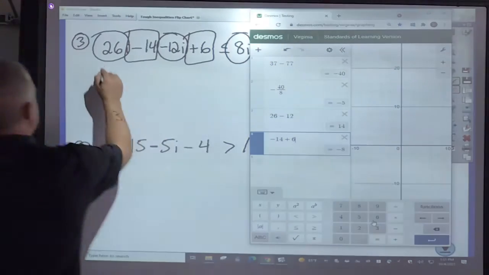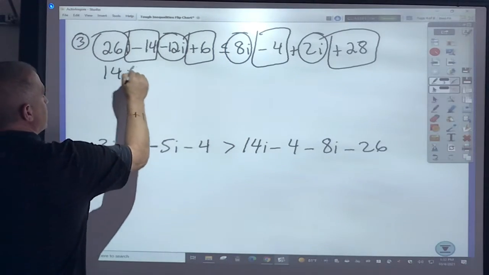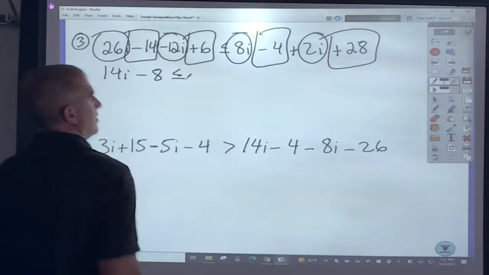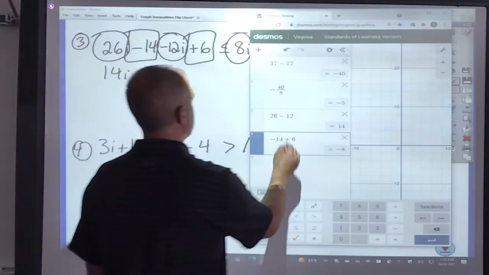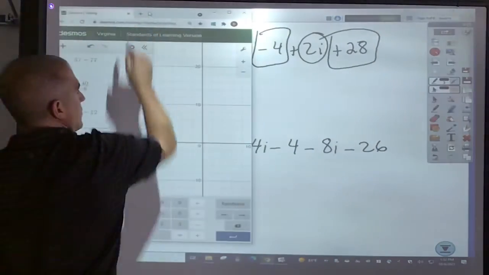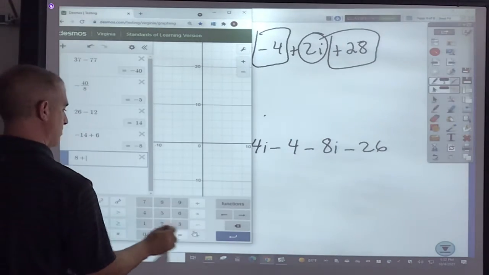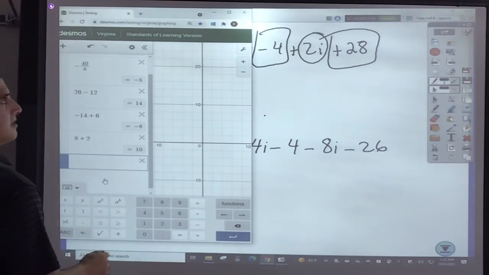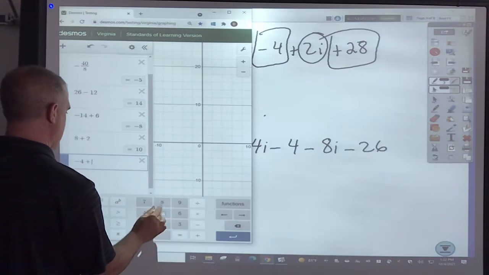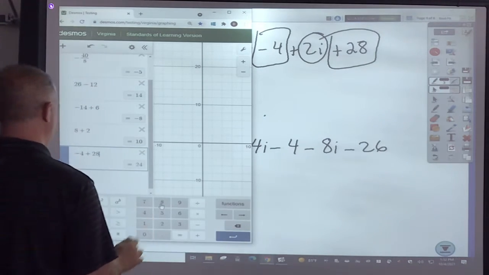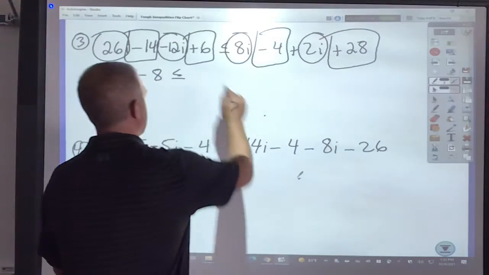Got 14i minus 8. And then this other side would be 8 plus 2, which is 10i, and then negative 4 plus 28 is 24.